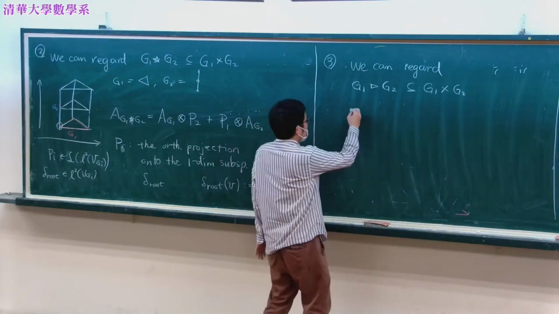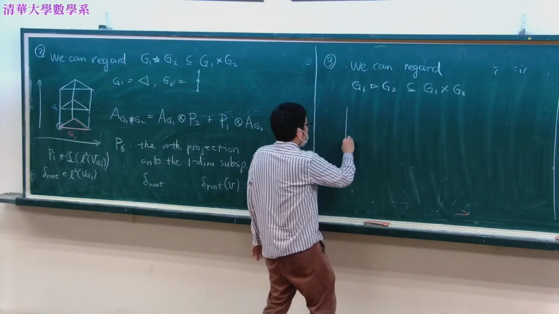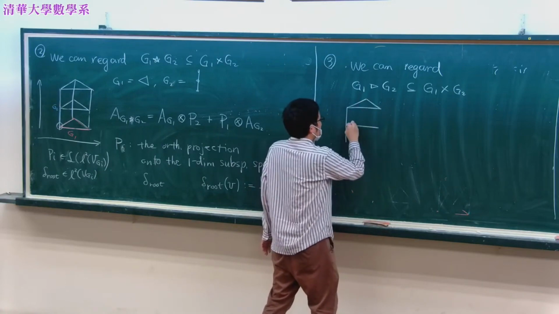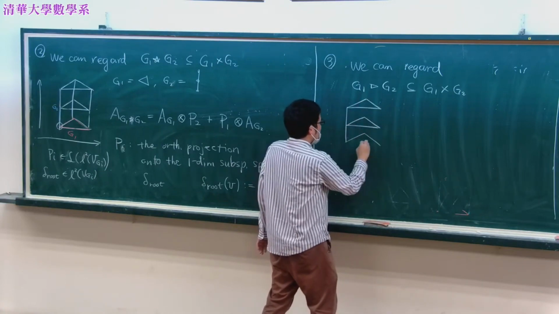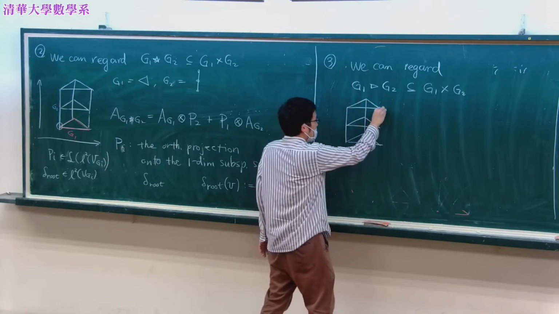One natural embedding is as follows. I again use the same example: triangle, 3 triangles and 3 vertical lines. Like this.